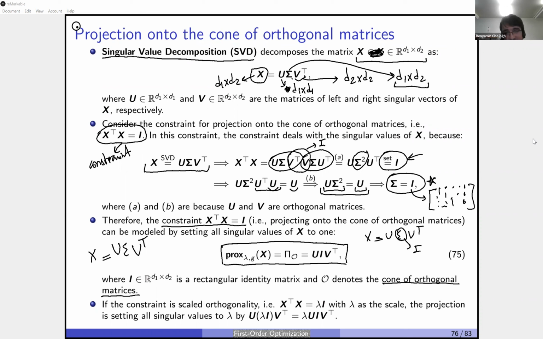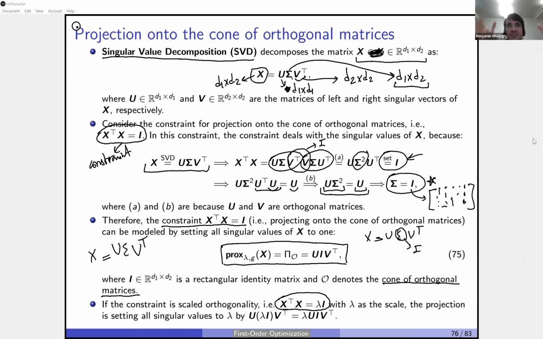That's very interesting. You might have the constraint X transpose X equals lambda I, so scaled orthogonality. In other words, I don't want the columns to be orthonormal. I want the columns of X to be orthogonal, not necessarily orthonormal.